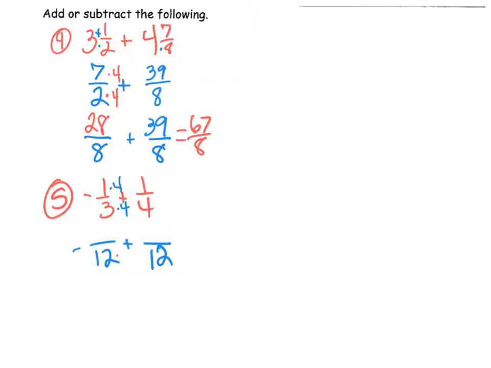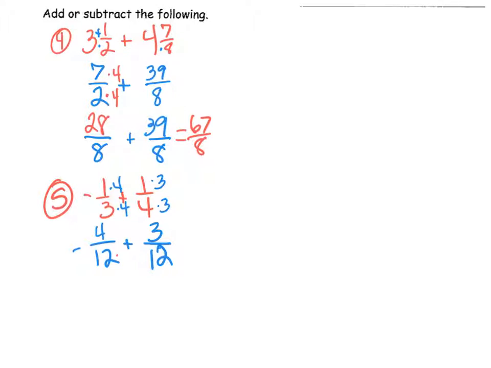Negative 1 times a positive 4 is negative 4. What did I do to this 4 to get this 12? Times 3, and then times 3. 1 times 3 is 3.